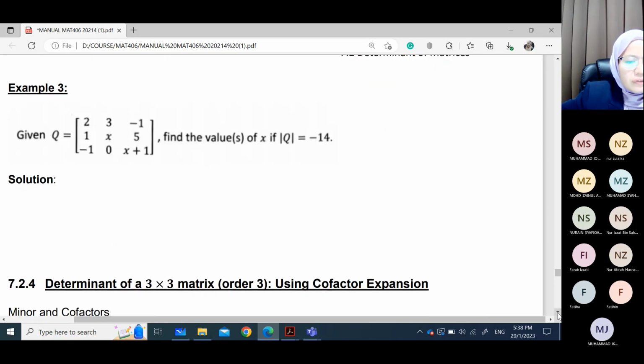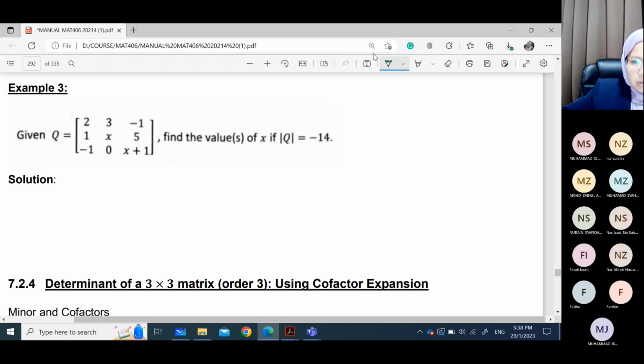Alright, so find the values of x if determinant Q is negative 14. Yang ni. Boleh buat tak? Kita buat sama-sama.